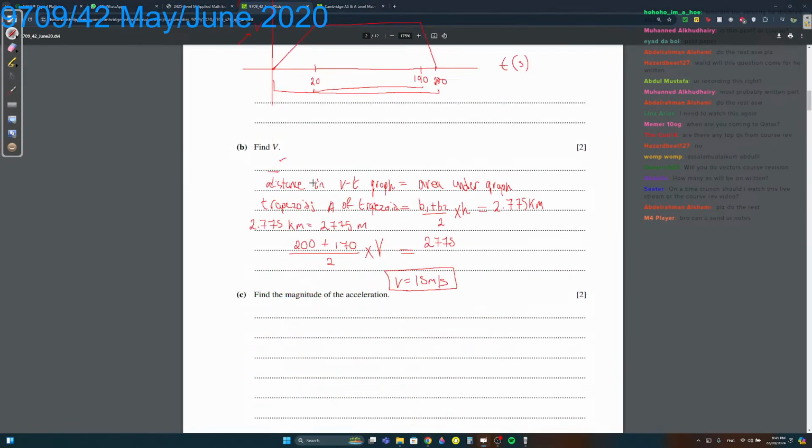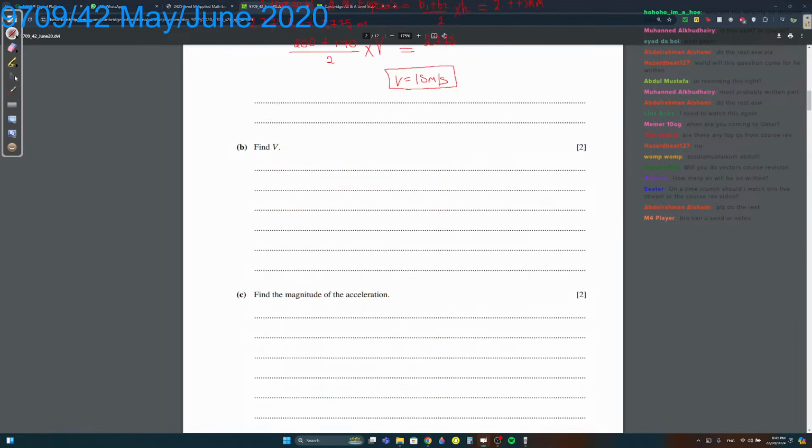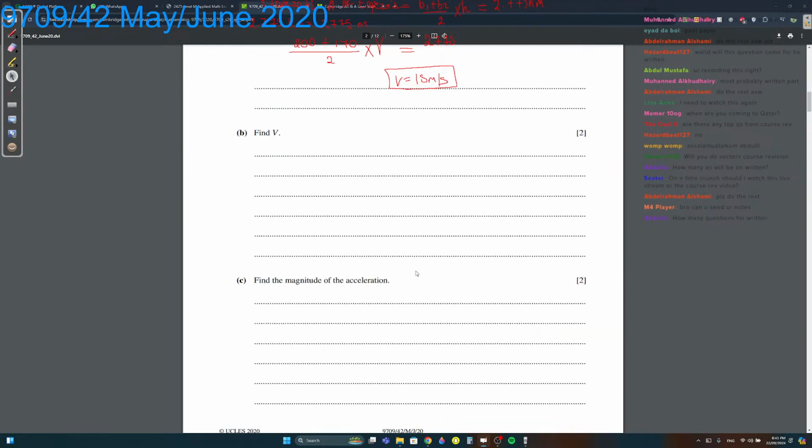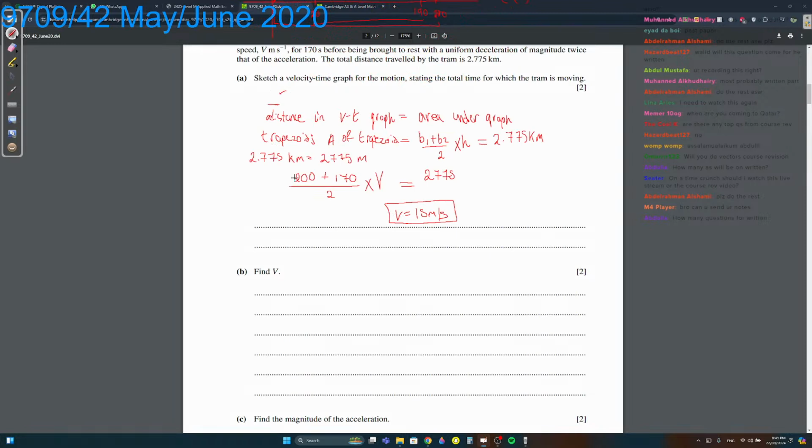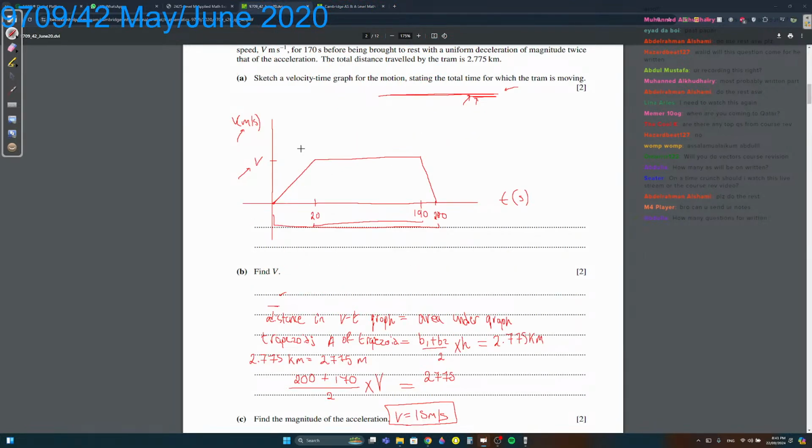Part C. Let's take this up. Find the magnitude of the acceleration. Very easy. Let's go back up to our graph. Over here, we want the magnitude of this acceleration. We went from 0.